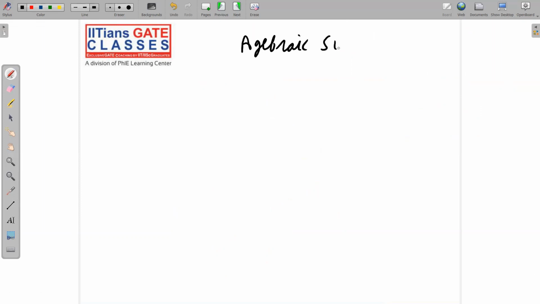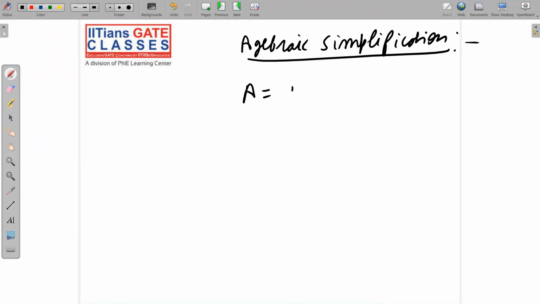Algebraic simplification. What exactly is algebraic simplification? See, sometimes by mistake we write like this. We should not do like this. This is algebraic simplification, this must not be done. Obviously, both are the same, right?